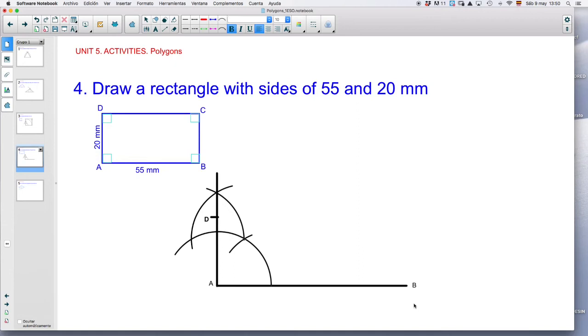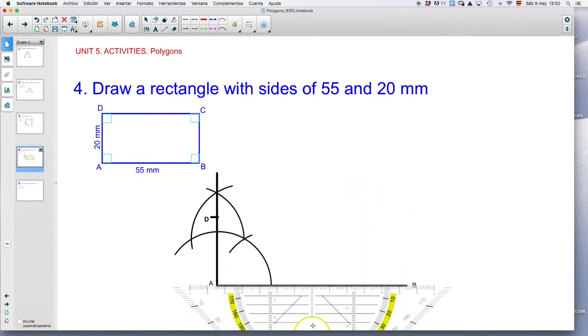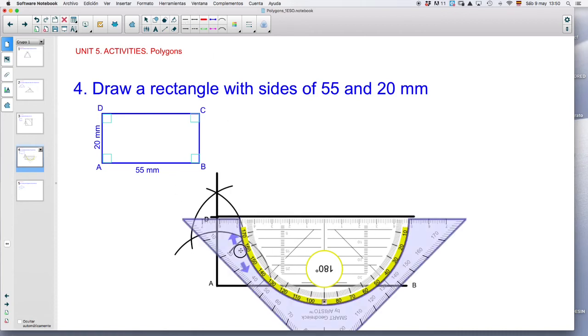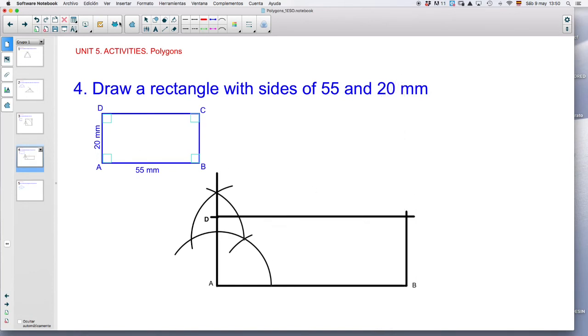Use the triangular set of squares to draw a parallel line to segment AB at point D and a parallel line to segment AD at point B. This is vertex C. Name it and make little adjustments.